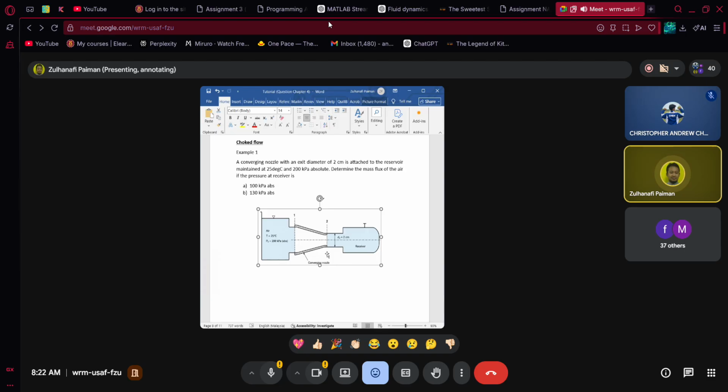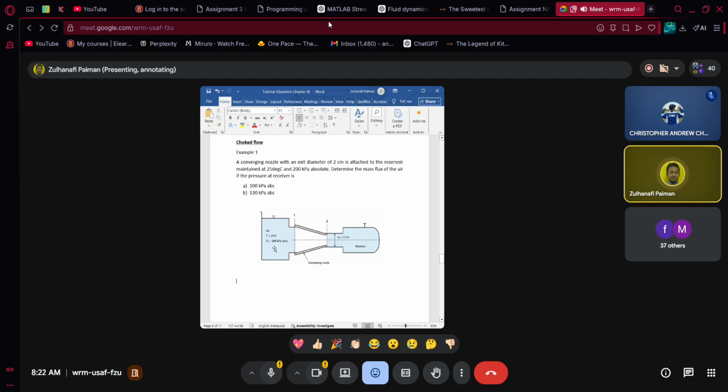Let us look at these examples. A converging nozzle with an exit diameter of 2 centimeters is attached to a reservoir maintained at 25 degrees C and 200 kPa absolute.